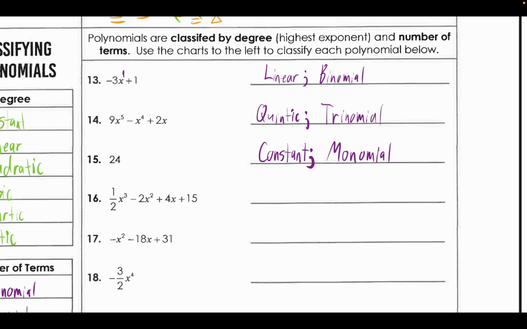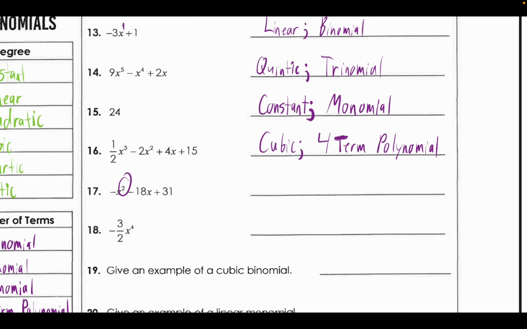For it to be a constant, it has to be a monomial, but not all monomials are constant, which we'll see later. On number 16, the highest exponent is 3, and so this is cubic. And there are 4 terms there, so it's a 4-term polynomial. On number 17, our highest exponent is 2, so it's quadratic. And if these were not written in standard form, which they are, then you'd have to look for what the highest exponent is. But here, it's kind of given to you with the first term.